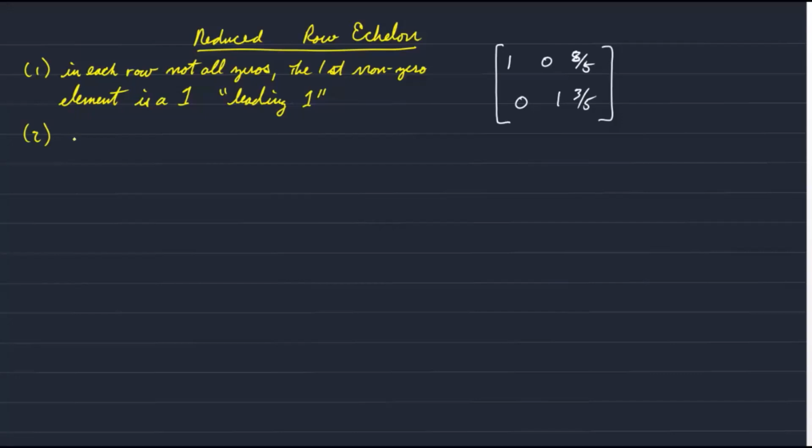The second characteristic is that in any 2 consecutive rows, again not all zeros, the lead 1 of the lower row is to the right of the lead 1 of the upper row.